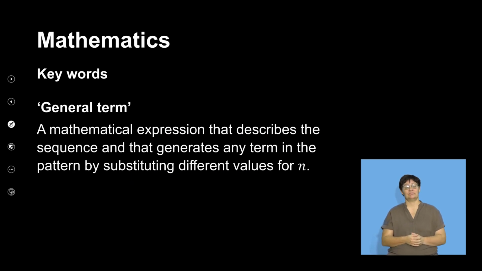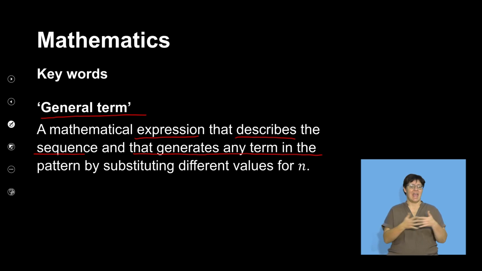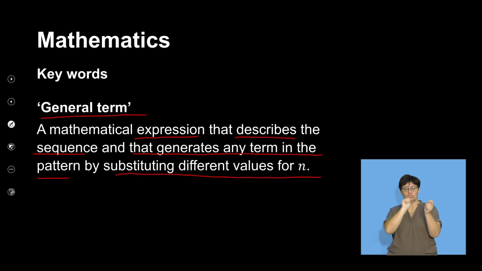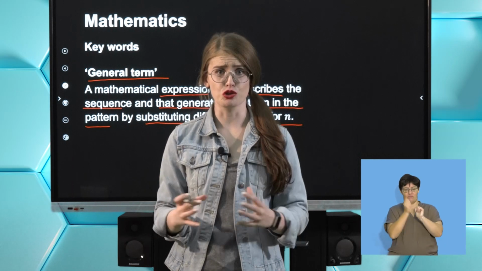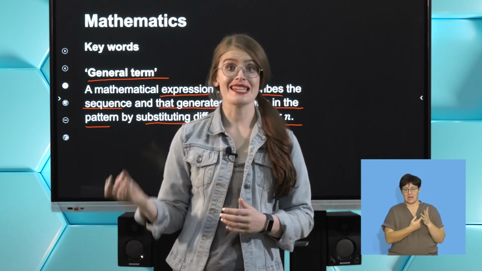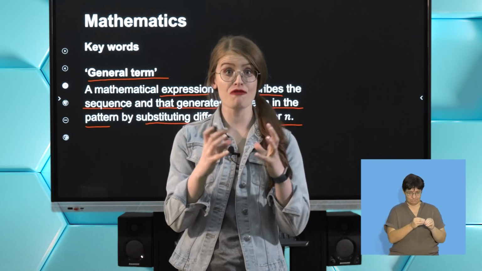Okay, the next definition, everyone, is the general term. The general term is a mathematical expression that describes the sequence and that generates any term in the pattern by substituting different values for n. So, this means that the general term is a mathematical rule where I can substitute in n values or term values.